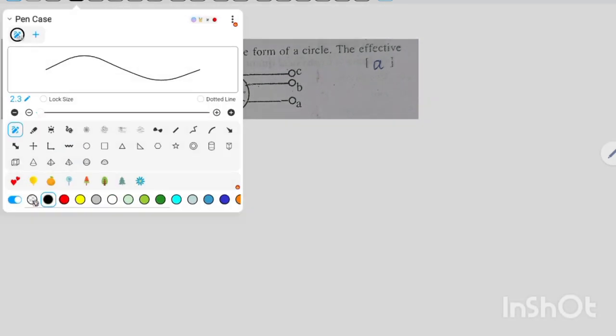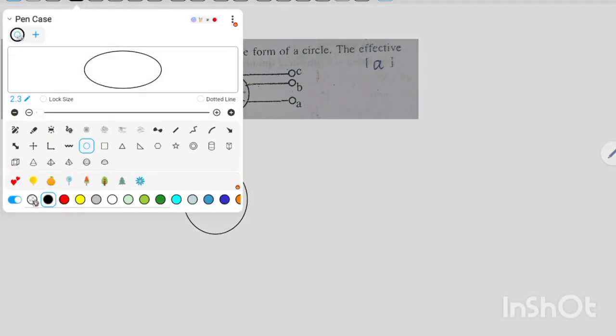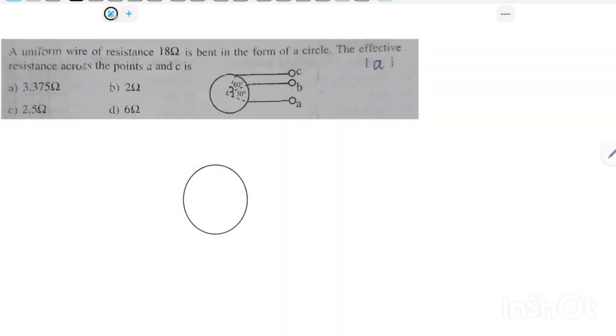So this is the circular wire. Now I am assuming this as the center of the circular wire. So this angle and this dotted line, what we want to find is the resistance between A and C terminals.